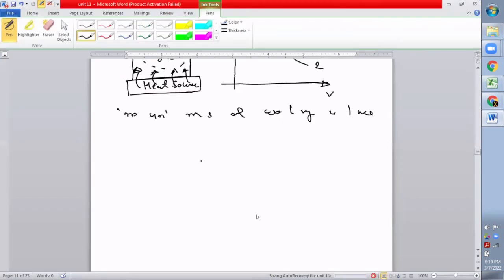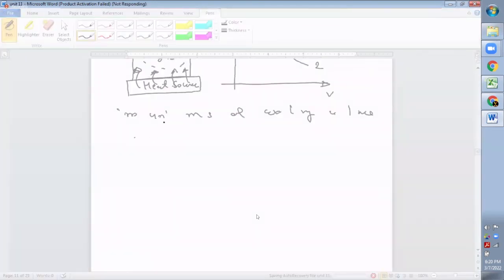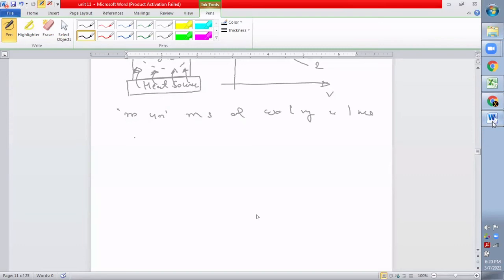So here, considering the unit mass of working substance, we come to know that Q is equal to U2 minus U1 plus W. And U2 minus U1 we can define as CV multiplied by T2 minus T1, plus W. Now, what is the value of T2 and T1 in this case?